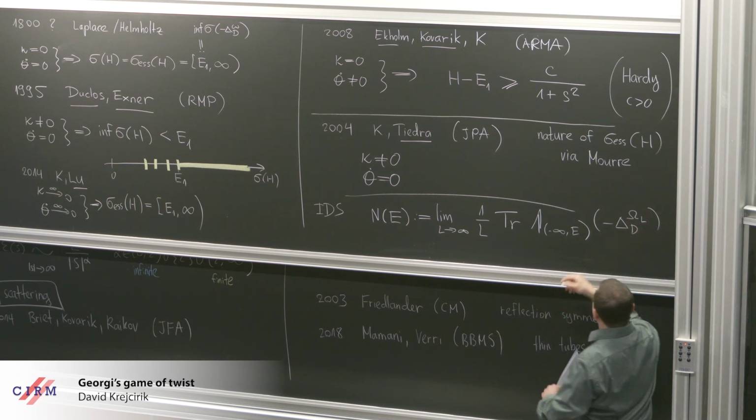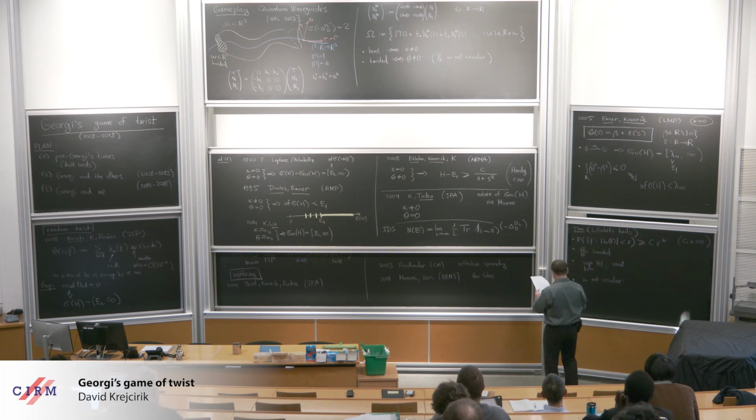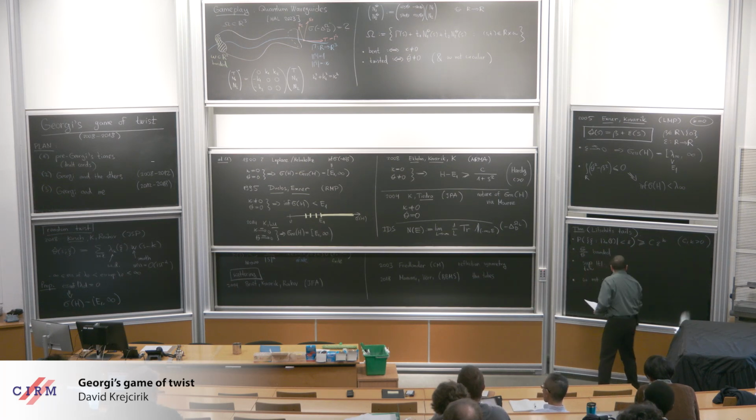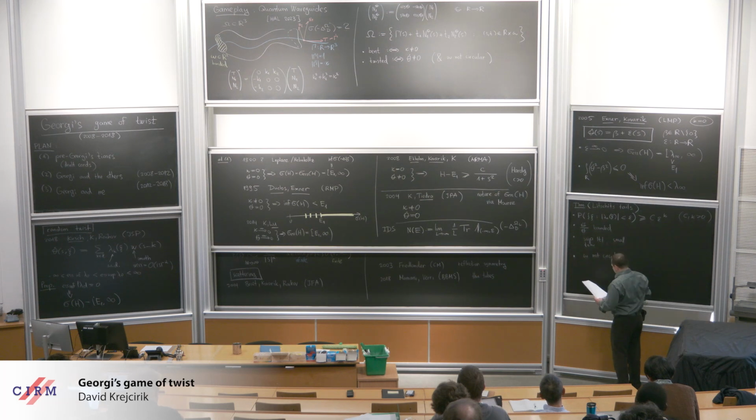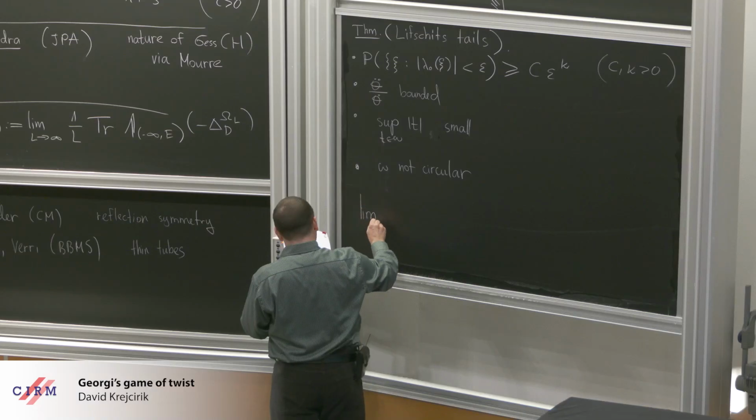You take the twisted tube of finite length L, and then you send the limit to infinity. And we get these asymptotics, which are known as Lifshitz tails, when E goes to 0.